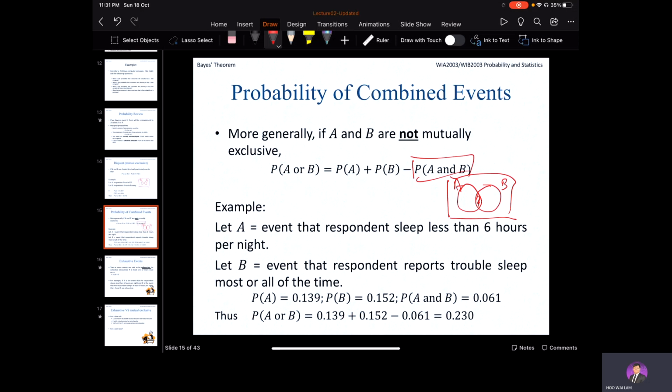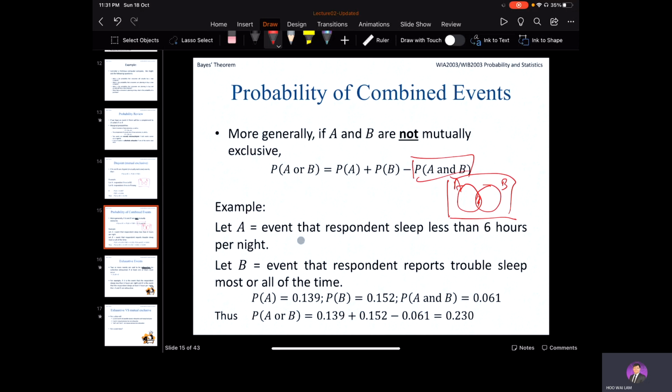Okay, so this one we actually discussed last week. But let's go into the example. One of the slides was a bit chatty, I think, last week, but this one fully explains it. You have the event that respondents sleep less than 6 hours per night, and the event that respondents report trouble sleeping most or all of the time.